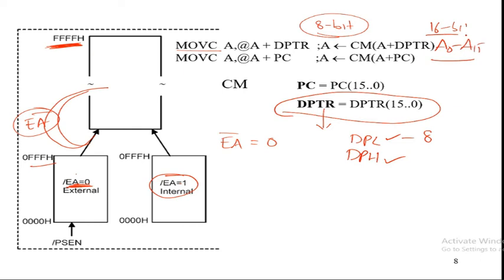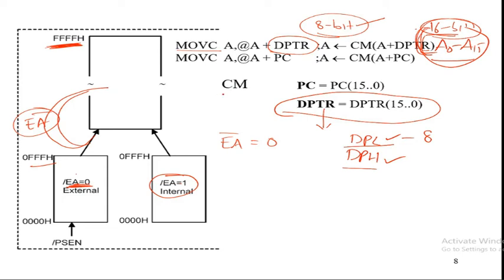To point to the 2 memory locations, we use the complete 16-bit data pointer register. But to point to only one 8-bit memory location, either A0 to A7 or A8 to A15, we use either the data pointer lower order or the data pointer higher order.